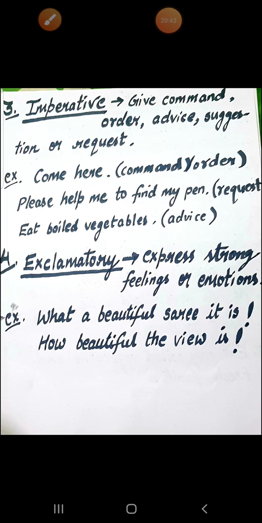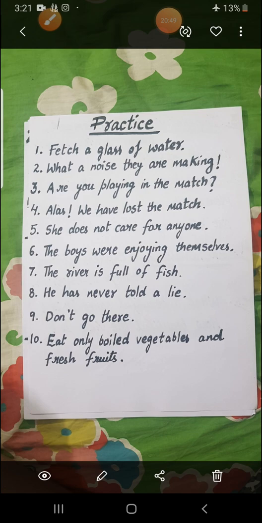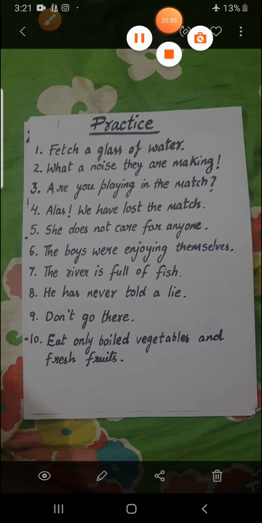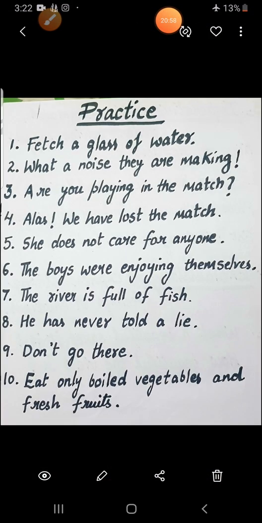Okay, so if it is clear, then this is your practice page that I want to give you. You can see these practice papers. This is just to practice.